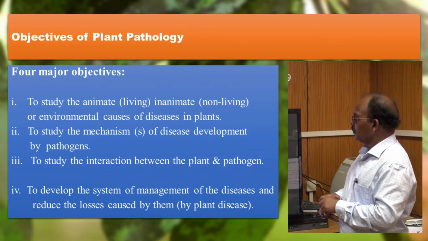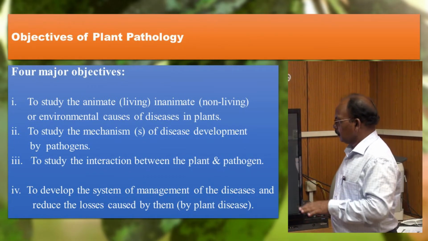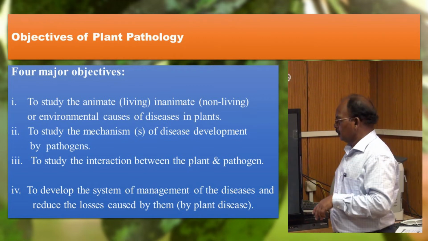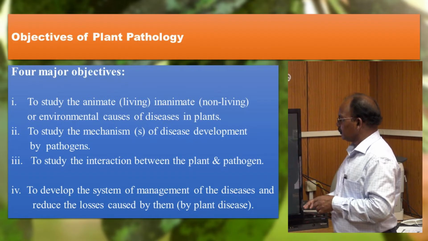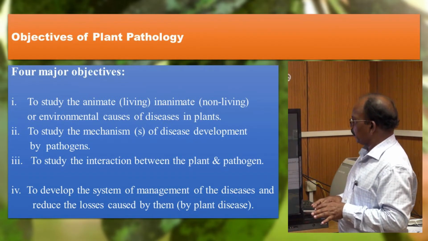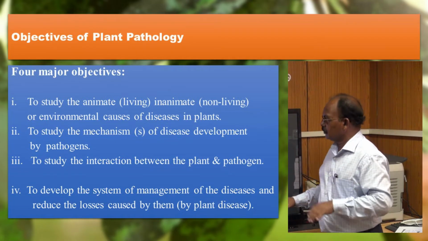The third objective is to study the interaction between the plant and the pathogen. And the fourth objective is to develop systems of management of the diseases and reduce the losses caused by them. These are the four major objectives of plant pathology.